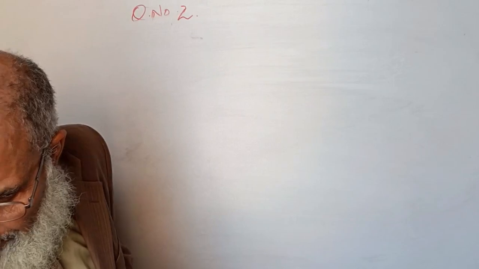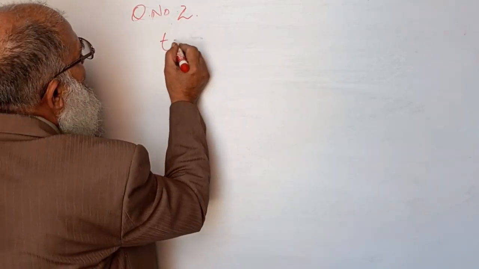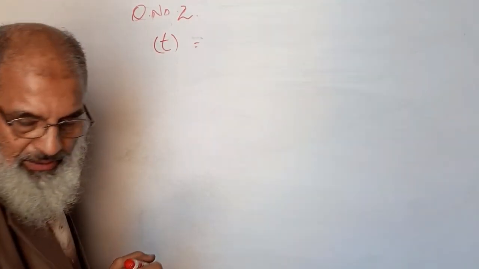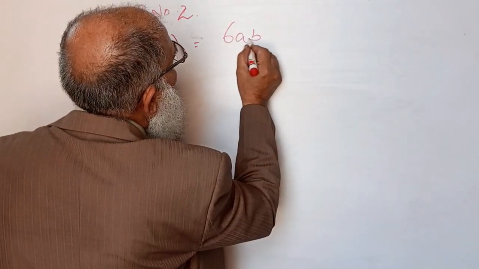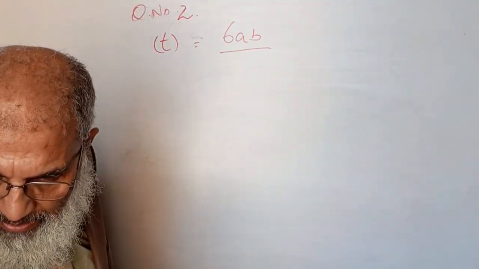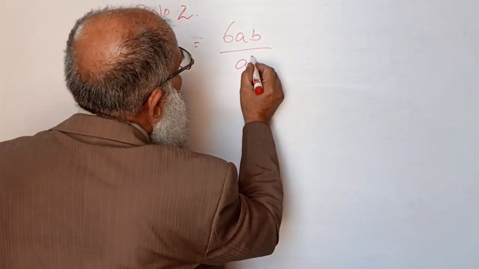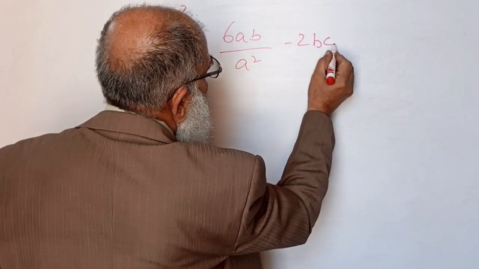Last part, t. Now what is t? 6ab divided by something, that is a square minus 2bc.